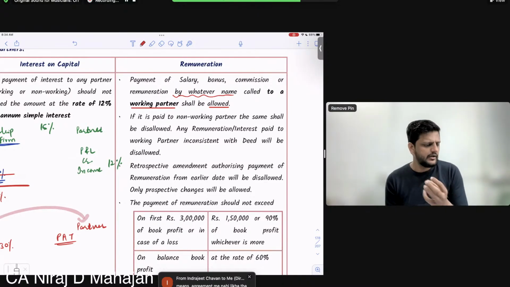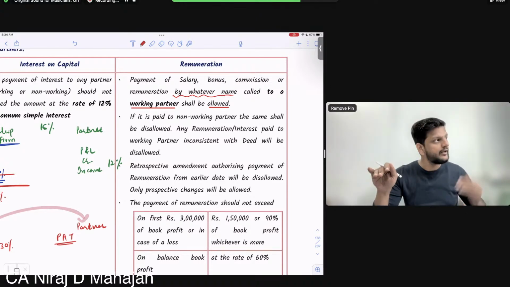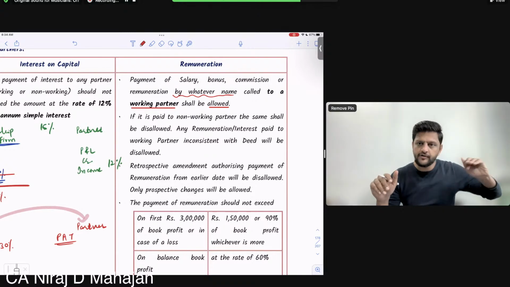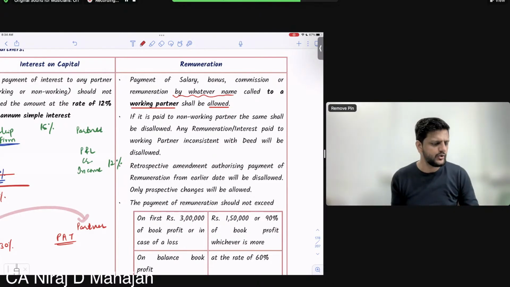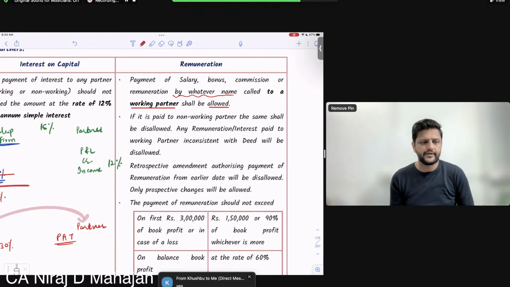Again, for a company we have MOA, AOA, and the company cannot override MOA, AOA. Similarly, the firm cannot override the deed. So the income tax law is saying that the firm should follow its deed. If it does not follow, the expenditures are disallowed. Did you all understand? Good. Should I go ahead?